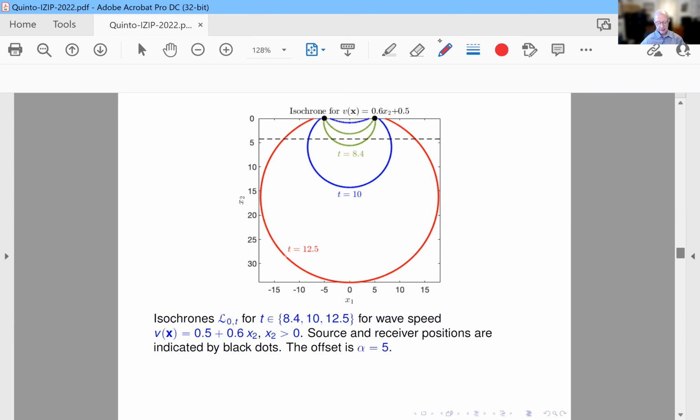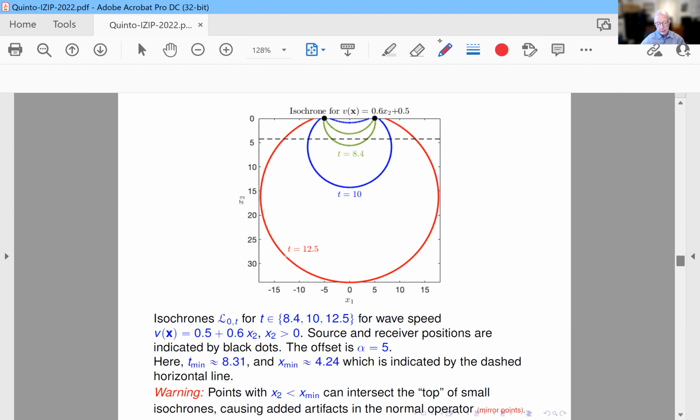But if both halves of the isochrone intersect the support of F, then you can get a problem. So this is x min. But if you have an object that looks like this, wavefront up here can cancel or add to wavefront down here. So in other words, you can get artifacts caused maybe up here by wavefront down here and vice versa.